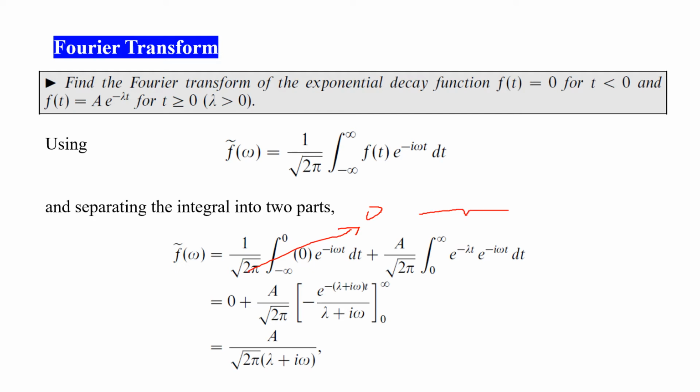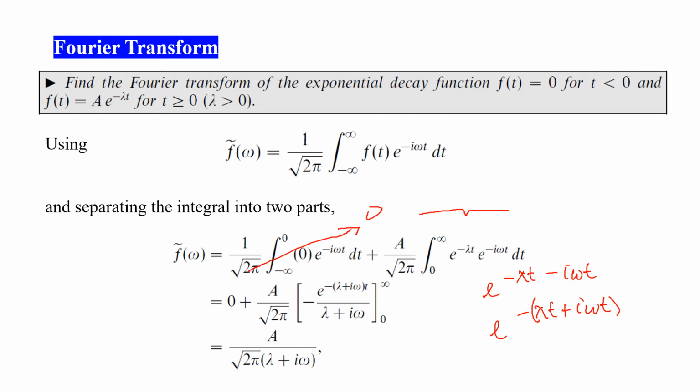We can simplify this so that the exponential terms are combined into e^(-lambda t - i omega t), or e^(-(lambda + i omega) t). You can also take the t out of the exponent, because t is what we are going to integrate.